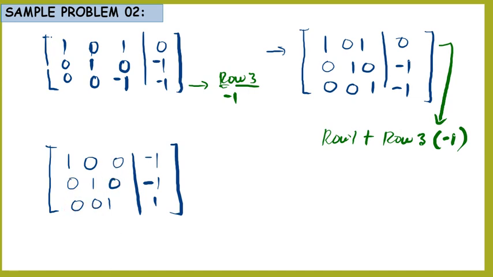Yan. So we can now get our value for x, y, and z. So whatever our values here will now be our x, y, and z.